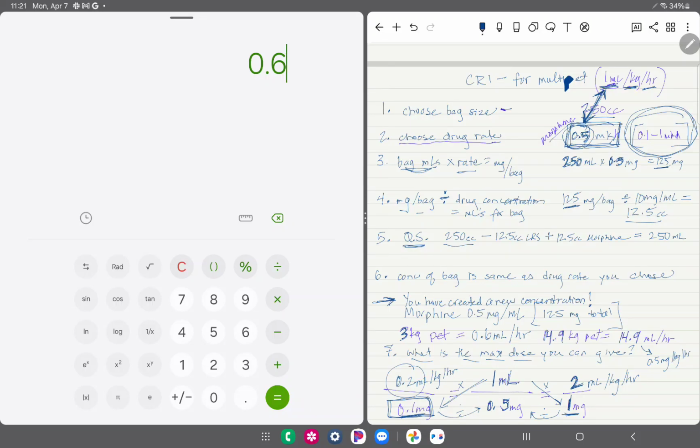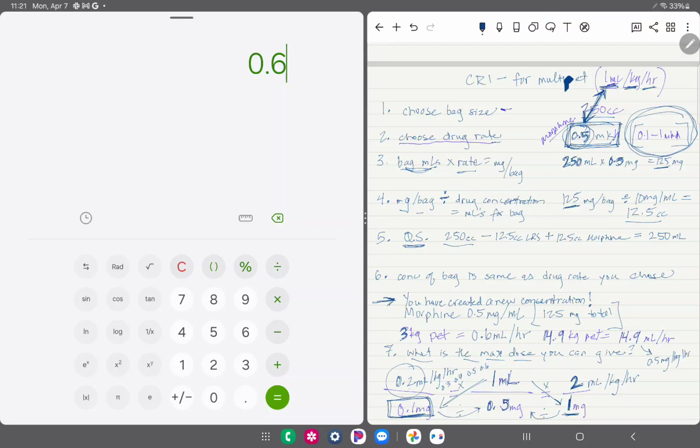Does he get better? Does he get worse? Do I need to stop my CRI completely and give him a moment to recover? Maybe I overcompensated and 0.1 mcg is way too low. Well, good news for us that when you're figuring out these mLs, there's lots of numbers between 0.2 and 1. 0.2, 0.3, 0.4, 0.5, 0.6.